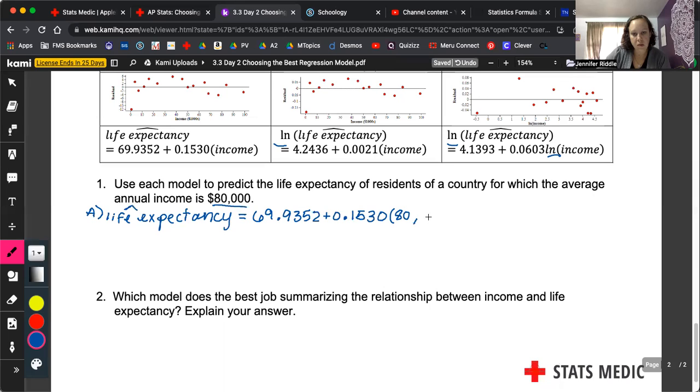And so when we put that into the calculator, we get 82.18 years.